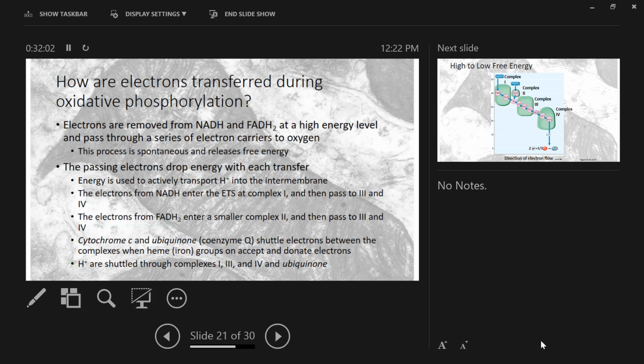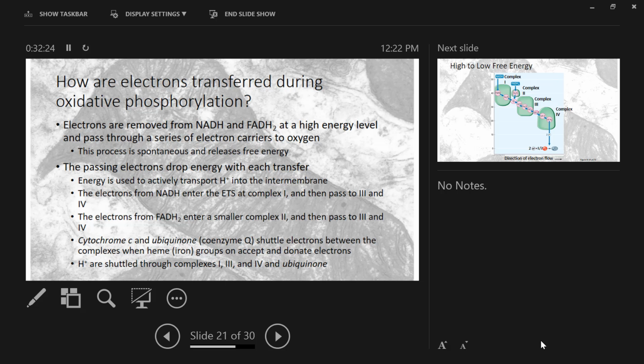Each one of them with 2 electrons, so we've got 20 electrons. Each one of those 20 electrons is worth 1 1/4 ATP. What's a quarter of 20? 5. Okay, so we've got 25 ATP worth of electrons from NADH.